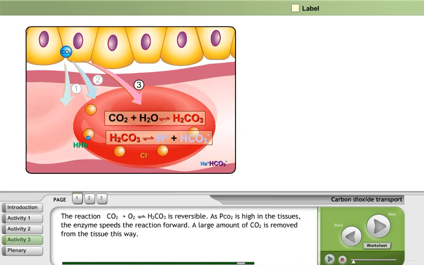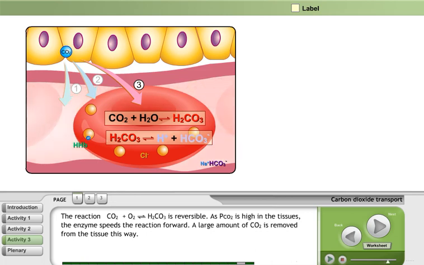The reaction in which carbon dioxide reacts with water to form carbonic acid is reversible. As PCO2, the partial pressure of carbon dioxide, is high in the tissues, the enzyme speeds the reaction forward.